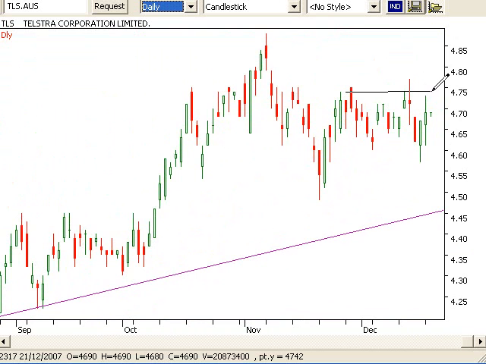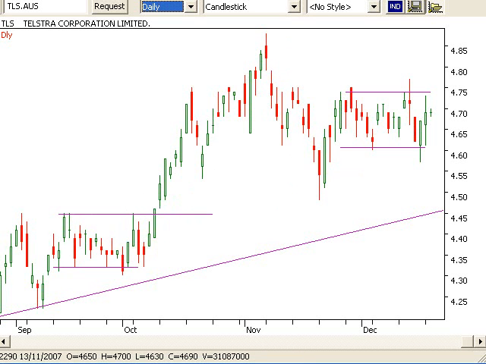If we have a line through here and a line through there, we can see that's where it's been going sideways. Now this market doesn't normally go sideways, but when it does, it's generally leading into a breakout, and a pretty big breakout. Let me show you an example. We have a consolidation through here, and it broke out.